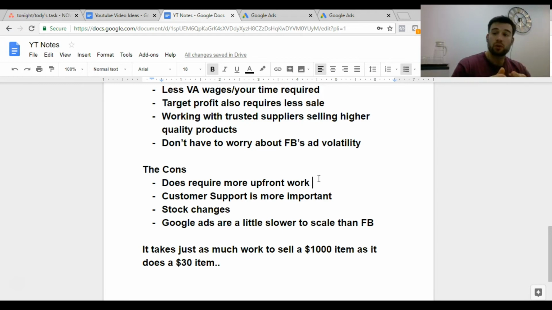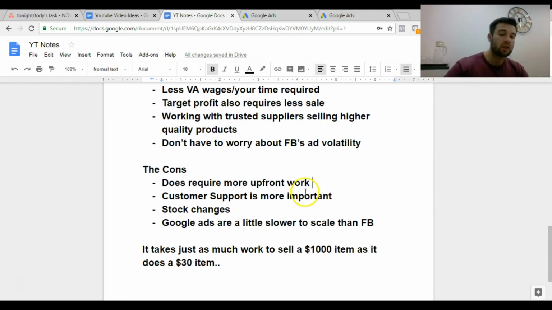And third, which most AliExpress dropshippers don't do, is have a customer support number, because a lot of customers, especially those who are ready to drop several $1,000s, will often want to jump on the phone and talk to a sales rep to answer a few questions before they complete their purchase. So it does require more customer support. It's more important, but it does pay off.